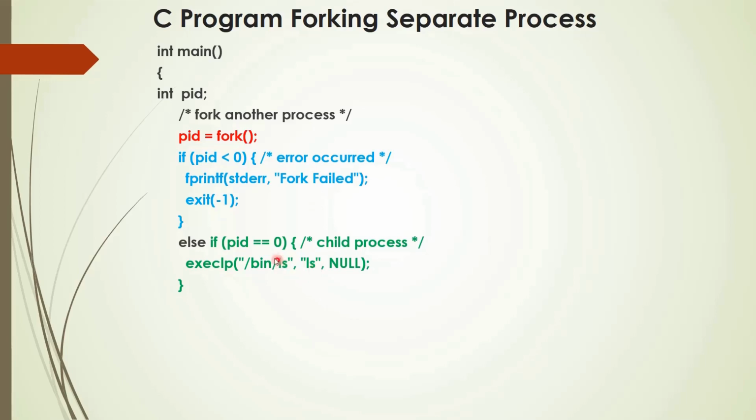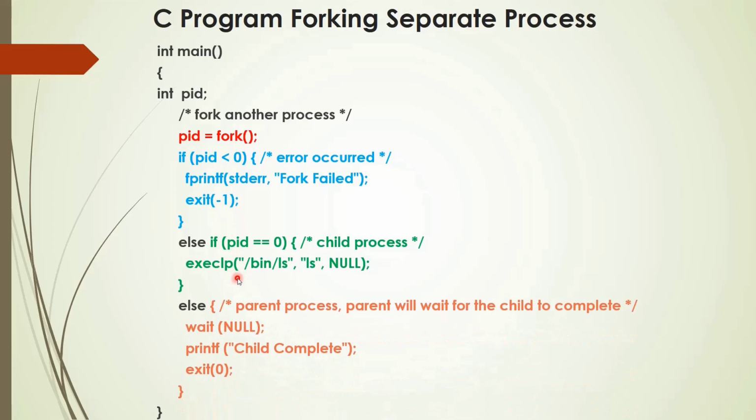Now as I have already mentioned, the same program is executed for the parent also and the child also. For the parent, if the number is negative, it is an error, if it is 0, it is the child, and if it is positive, that is the else part. So that is how you can understand that the same code is executed by the parent also and the child also.